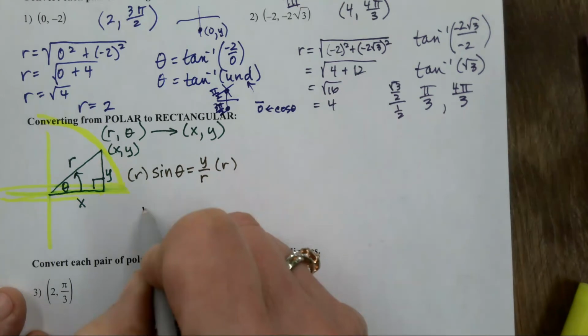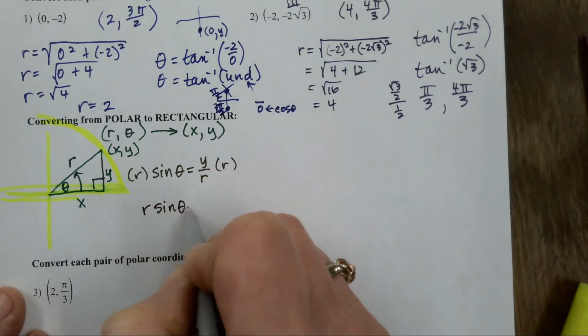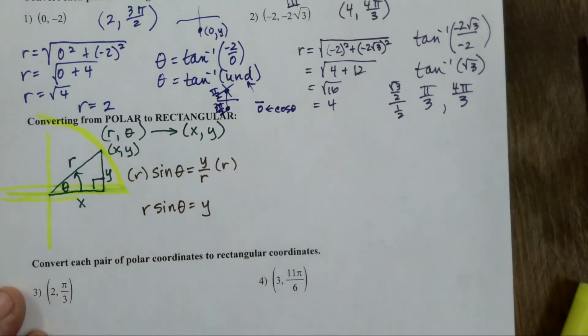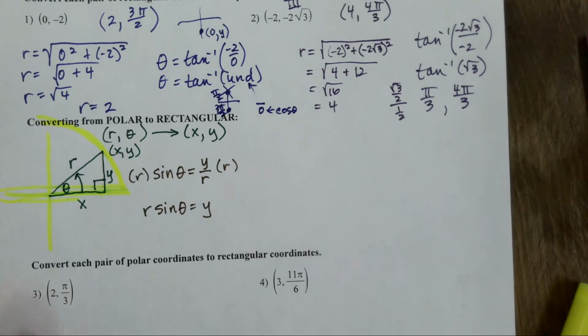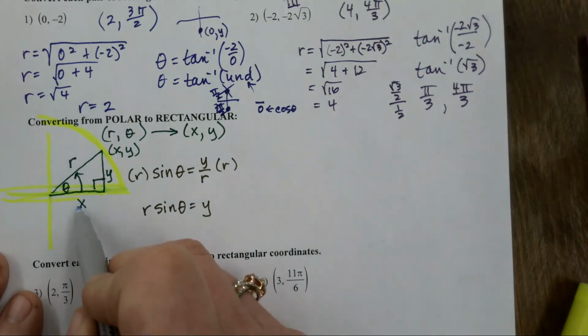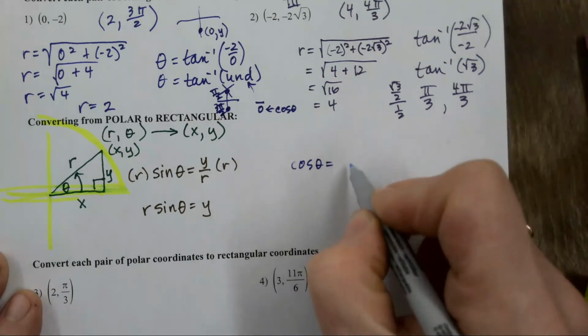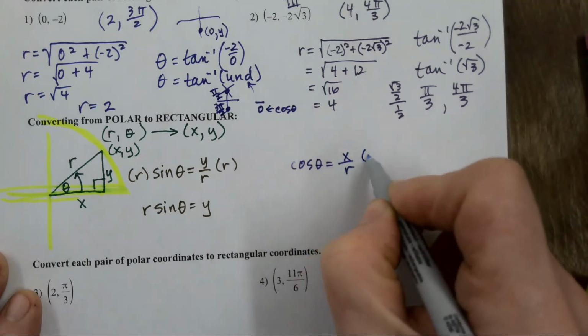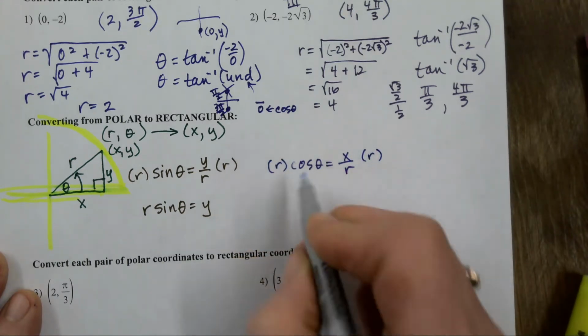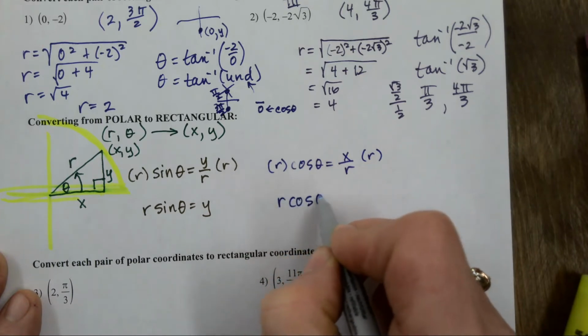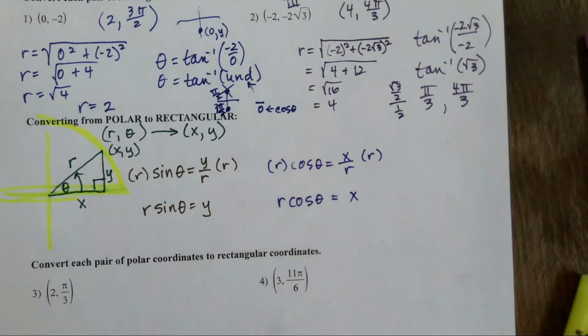Then r sine theta will give me y. I can do the same thing for x, but to solve x, that's in the adjacent position. The cosine of theta is x over r. Solve for x. R cosine theta will give me my x coordinate.